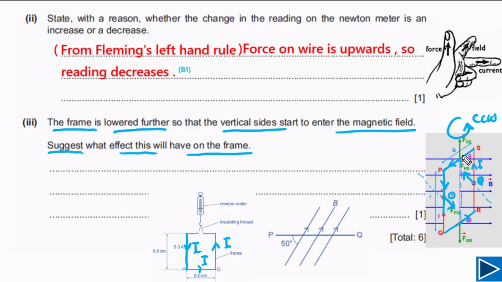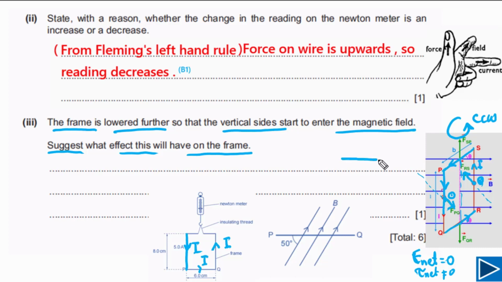If you look at the resultant force acting on this loop, meaning these four forces, the resultant force will be equal to 0. But the net torque is not equal to 0, because the force out of the page and the force into the page will cause a rotational effect.